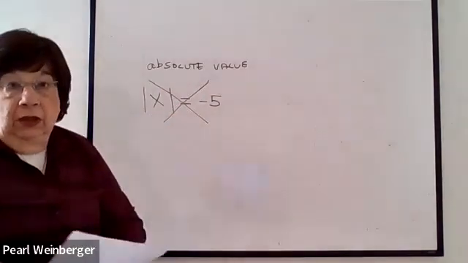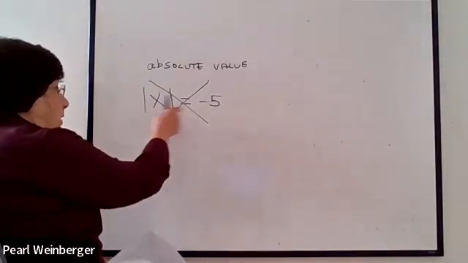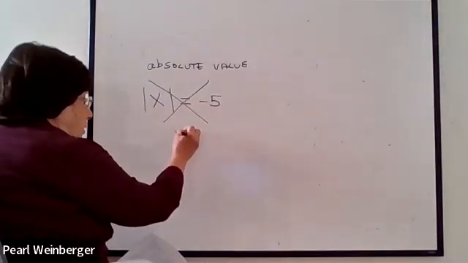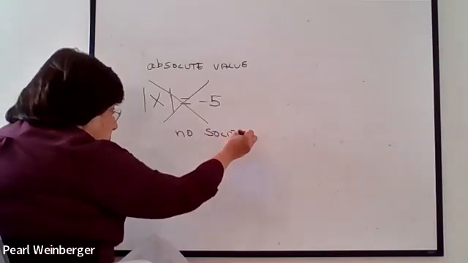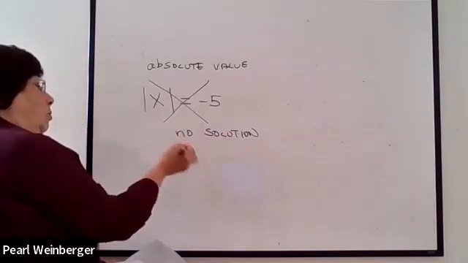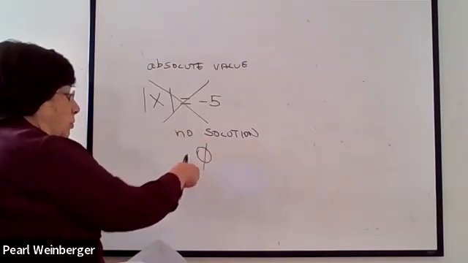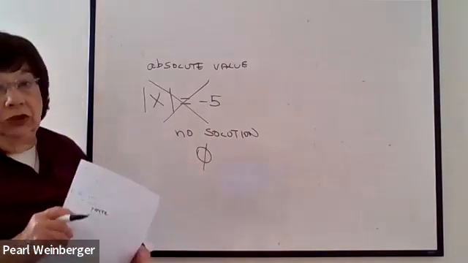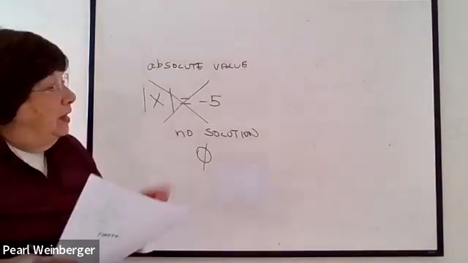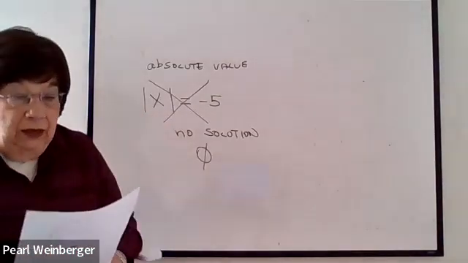So whenever you have an absolute value equaling a negative number, you're going to write no solution, or alternatively, this symbol for no solution, which is the 0 with a line through it. It means no solution as well. It is impossible for the absolute value to be equal to a negative number.